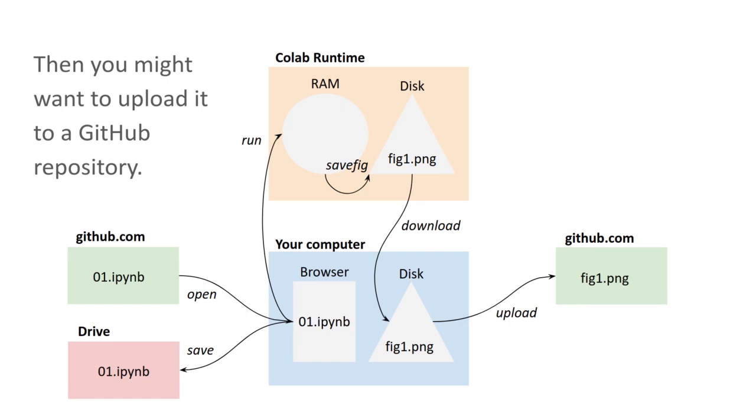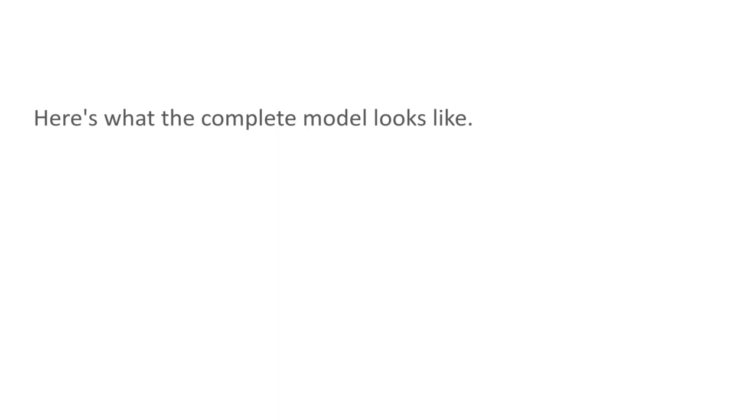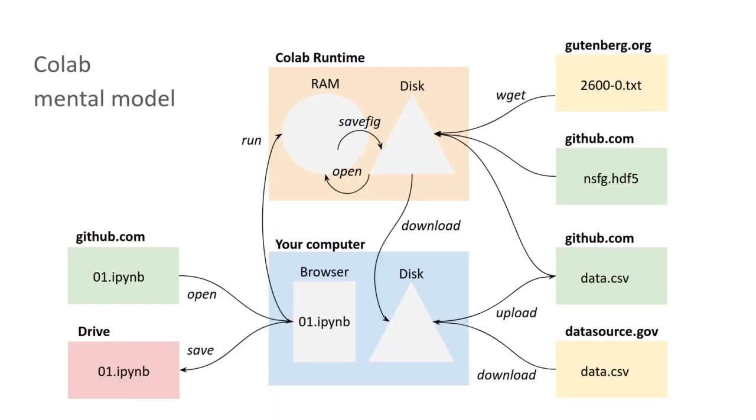From there, you can upload it to GitHub, and now it has a public URL, and you can use that to publish the figure and make it available. So that's a complete mental model of Colab. It looks a little complicated because there are a lot of lines there, but hopefully this will help you get work done and keep track of where your stuff is and not get too confused. Good luck!